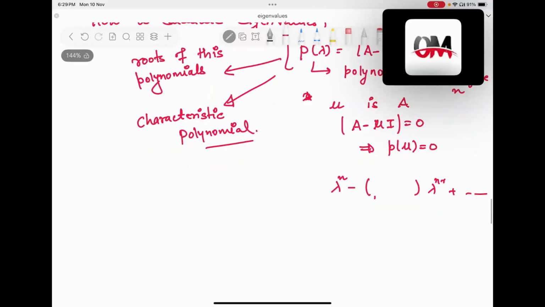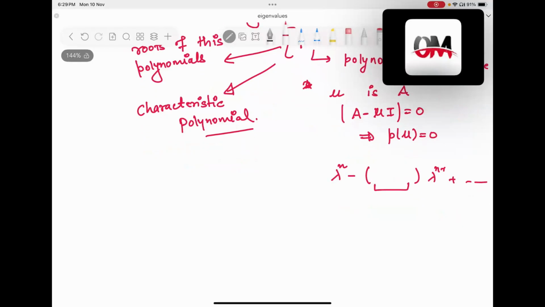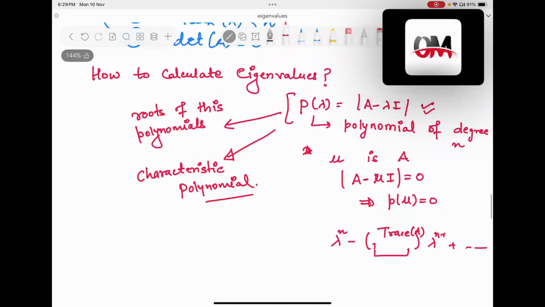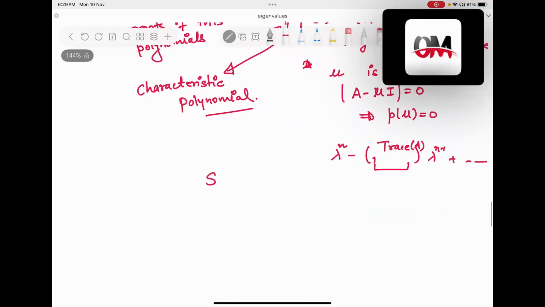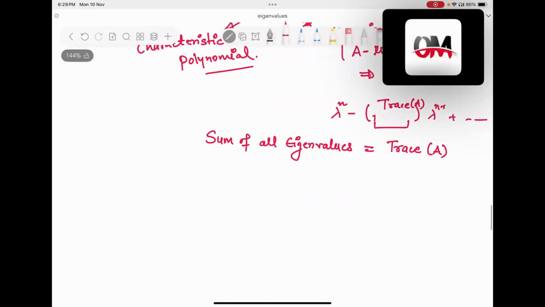The second coefficient will be the sum of roots, so here you will have trace of A. So from this characteristic polynomial, the sum of all eigenvalues will be exactly equal to trace of A, right?